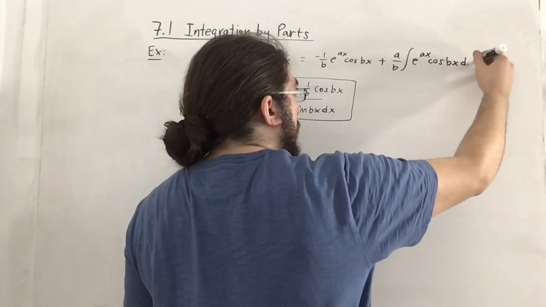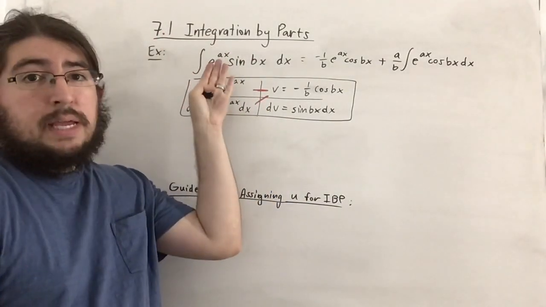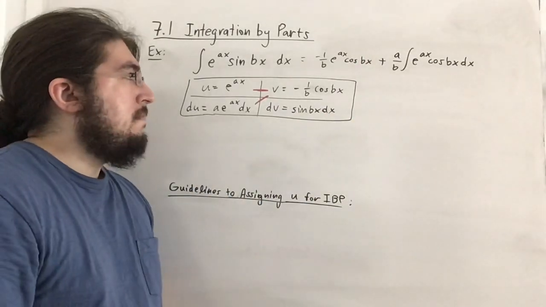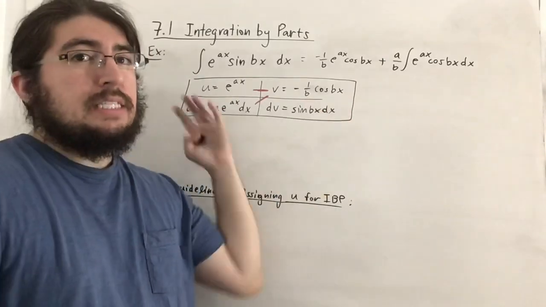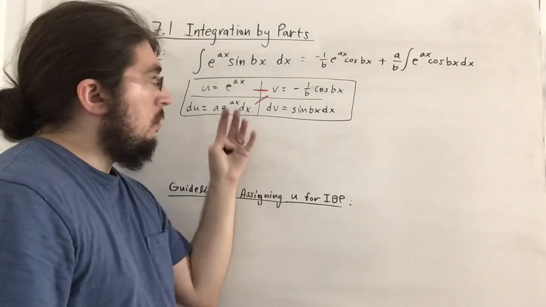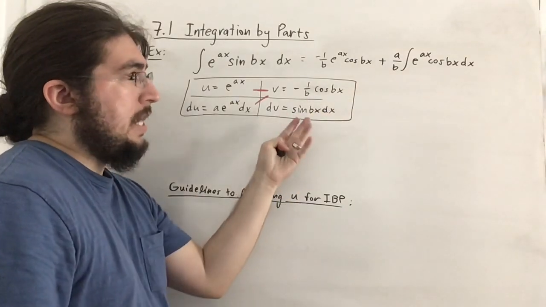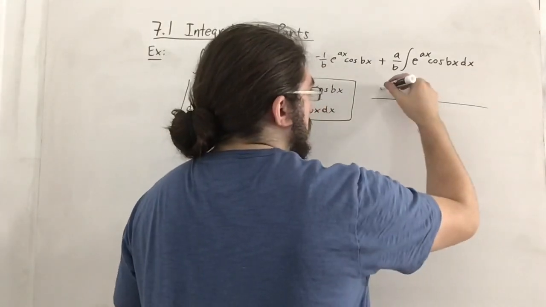Look at that. So now we went from e to the ax times sine of bx to e to the ax times cosine of bx. So now we're going to apply by parts again in the same way. u is still going to be e to the ax, then dv would be cosine of bx dx. I'll write that table over here, just so we can compare.